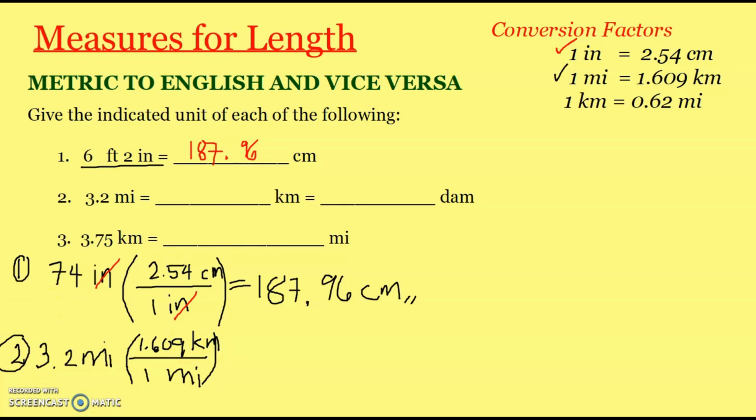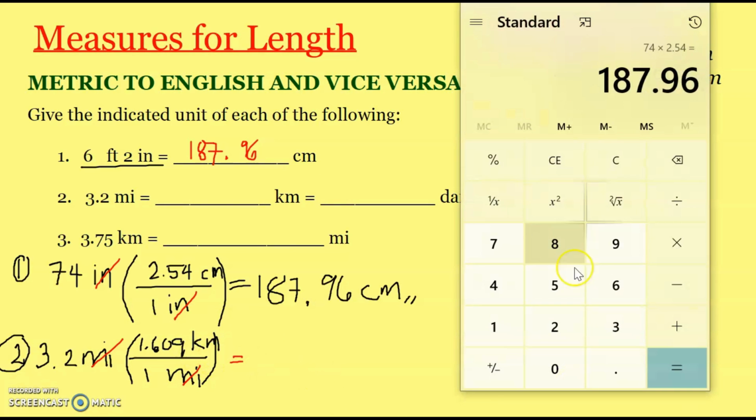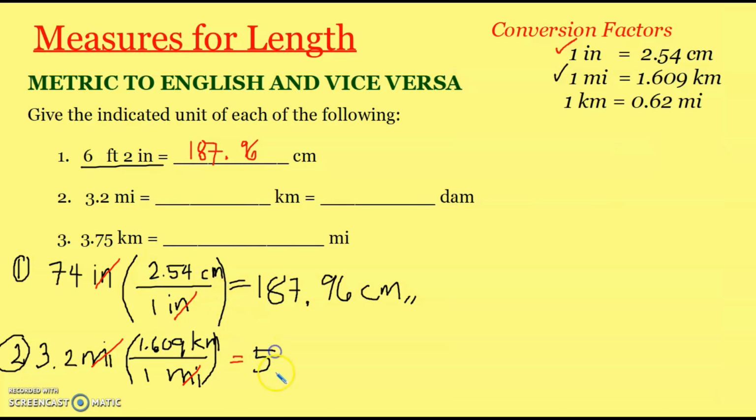Okay, and there you have it. So we canceled out the unit of measure miles and multiply ulit 3.2. So we have to multiply 3.2 by 1.609. And there we have 5.1488.